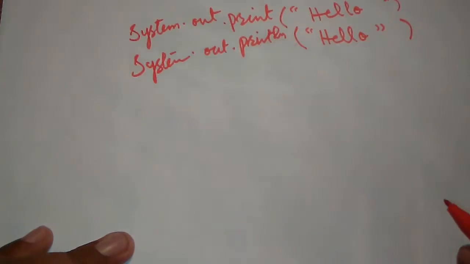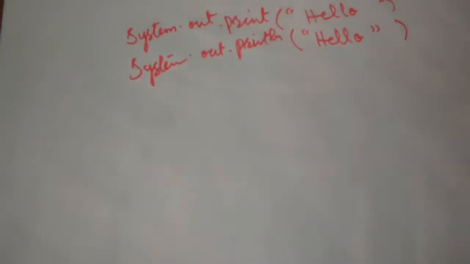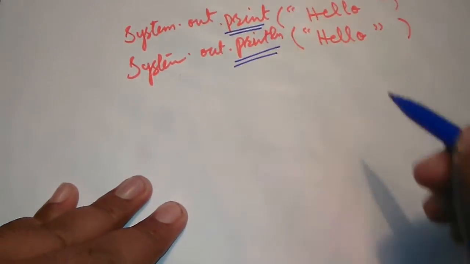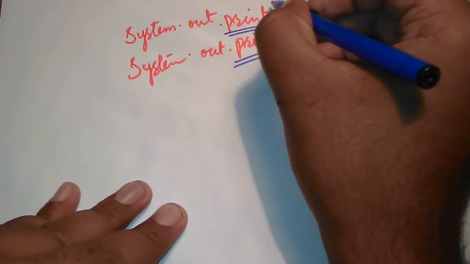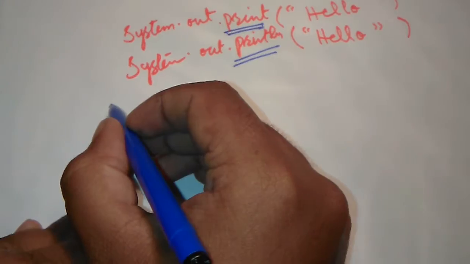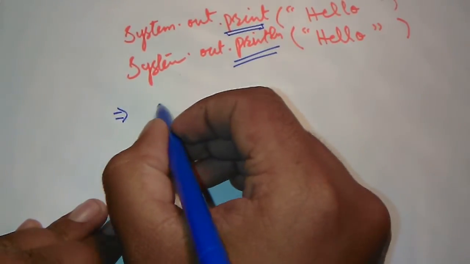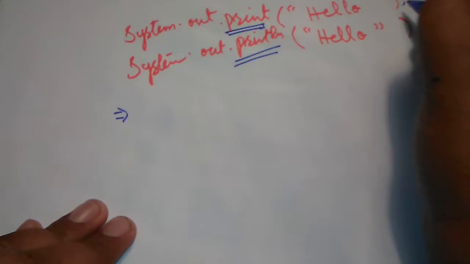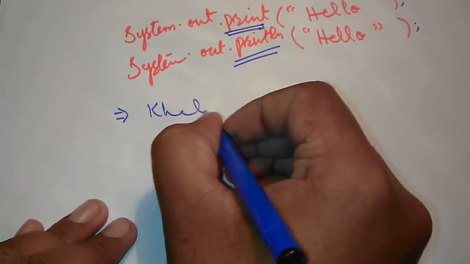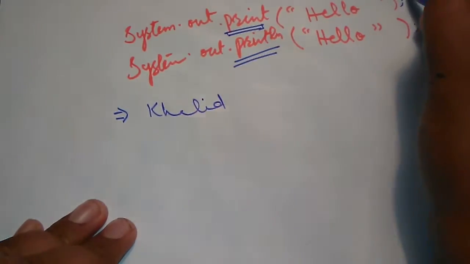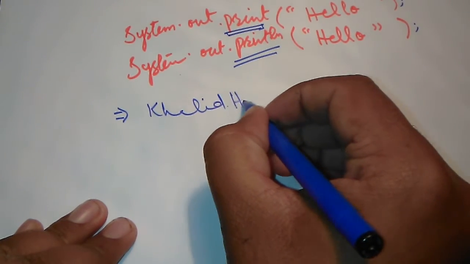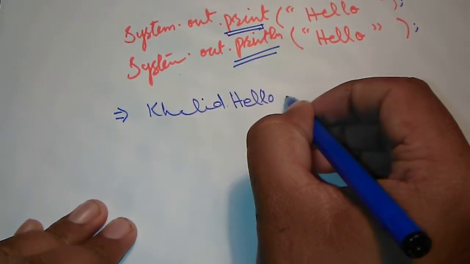What is the difference between these two lines? This is the print method and this is the println method. The print method continues on the same line which is being processed. For example, if there was already output before this statement, then this statement will print hello in front of it.